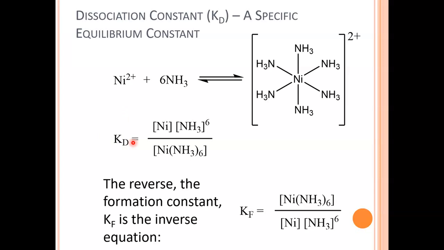And at this point you might be thinking, why are you talking about this? Well, this is all going to come back to donor-receptor theory. We could talk about the formation constant of a donor and a receptor coming together, or we could talk about the dissociation constant of a donor and a receptor coming apart.